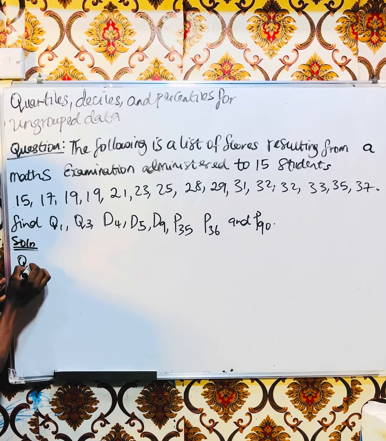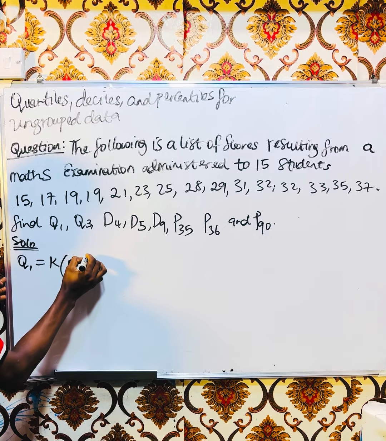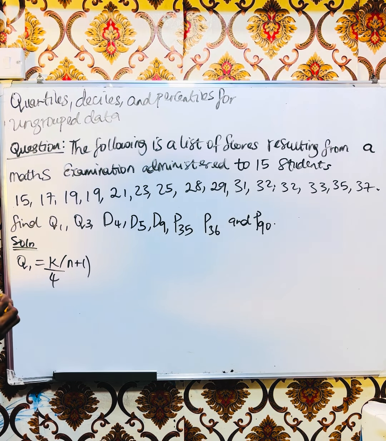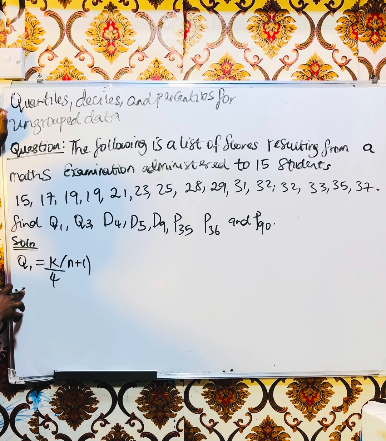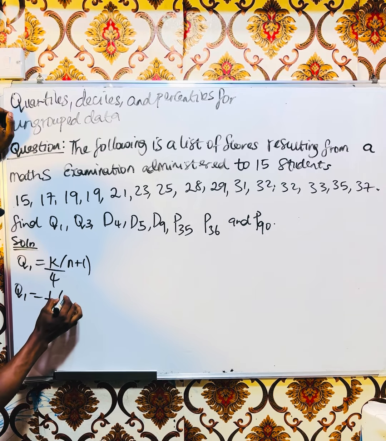Our Q1 is equal to, the formula is k over 4 times n plus 1, for the quartile. That's the lower quartile, so k is the value we are looking for, which is 1. So Q1 is 1 over 4 times n plus 1.